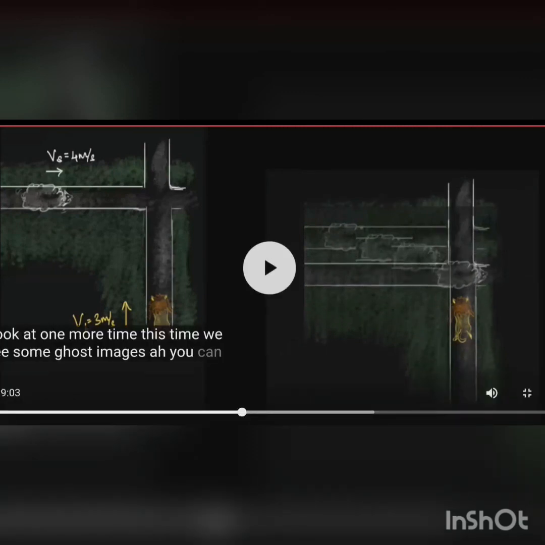Now you can see how the lion is going to perceive the motion of the sheep. For him, the sheep seems to be moving backward also because he himself is moving forward, and obviously, because the sheep is moving forward, that motion is bound to be there.